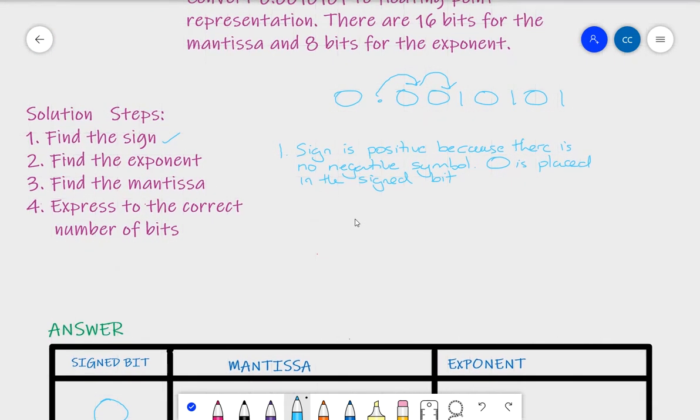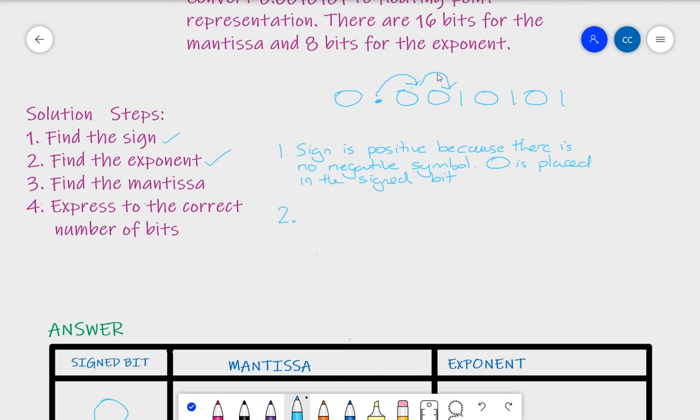Now, step 2 is find the exponent. Now, I've already started to do that. I couldn't help myself. So here's your decimal point, and you can see here that there's 2 zeros. We don't need these.